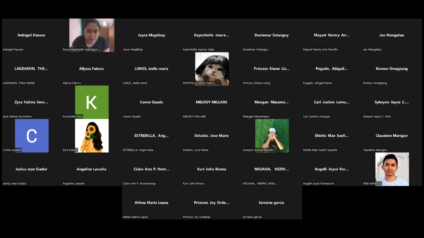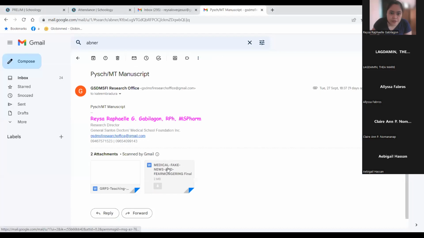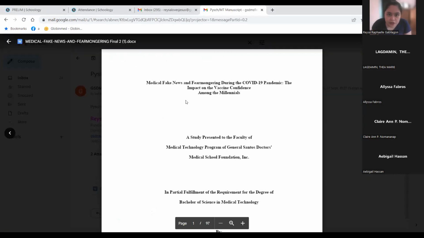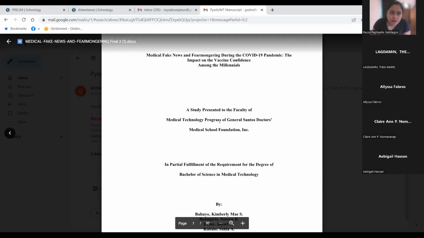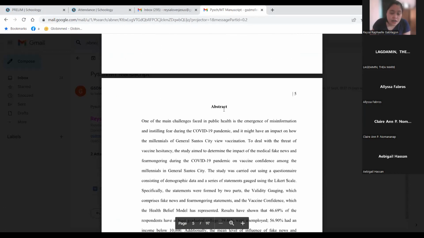This is the study of Abner and group: the medical fake news and fear-mongering during the COVID-19 pandemic, the impact on vaccine confidence among millennials. Let's look at their RRL.